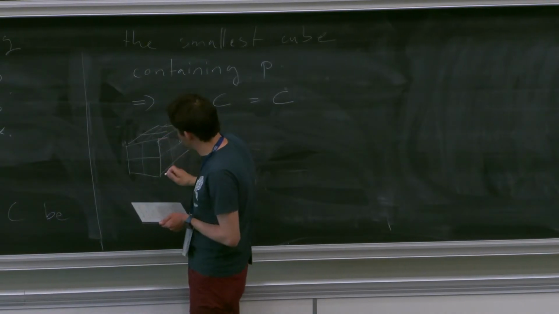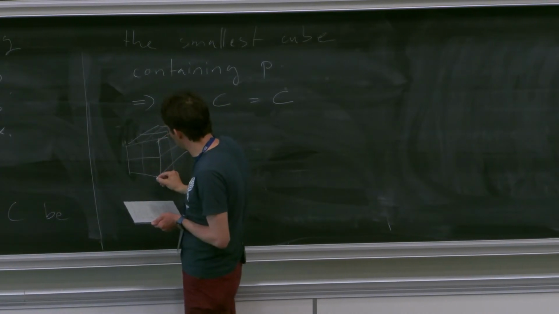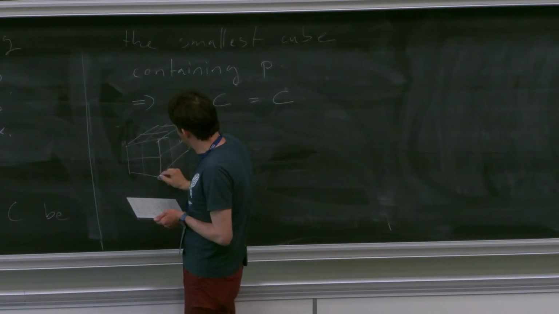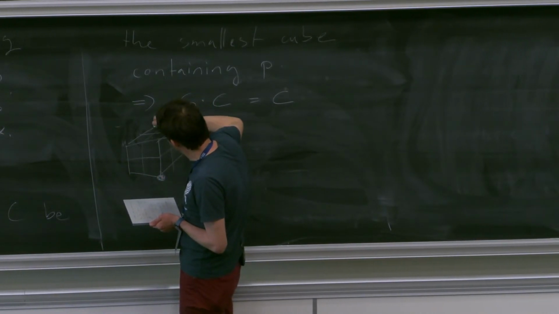Then we just look at the vertex that's contained in all the negative ones, and at the vertex that's contained in all the positive ones.